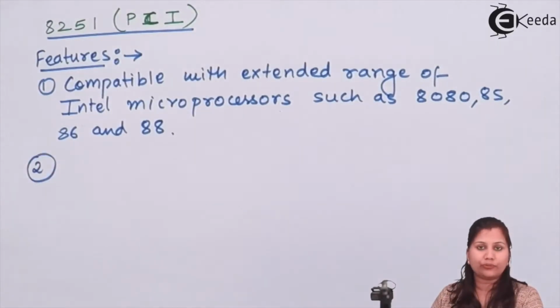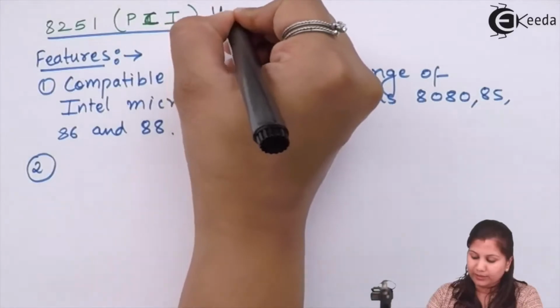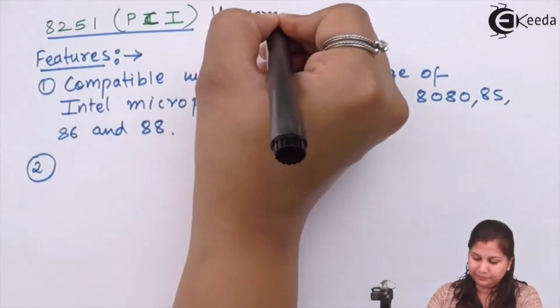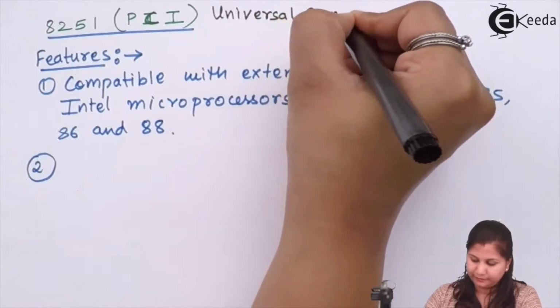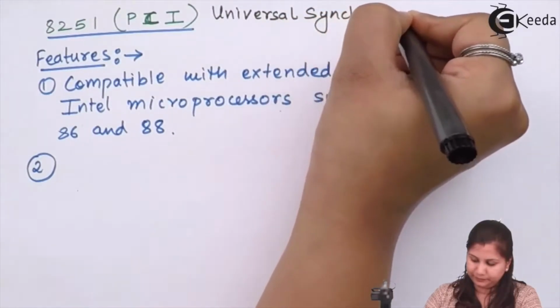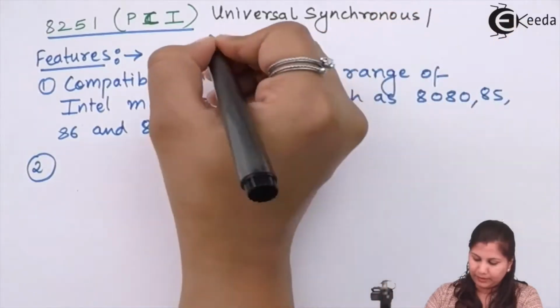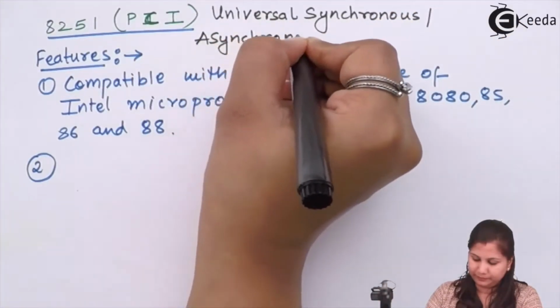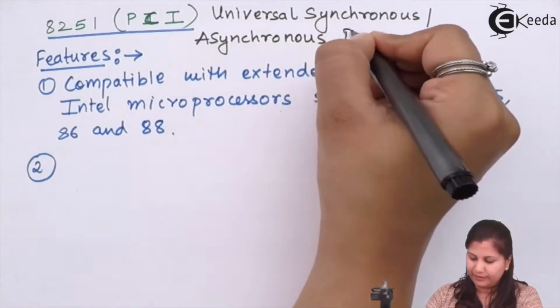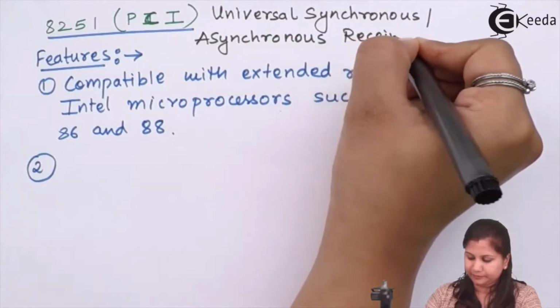Now this 8251, that is Programmable Communication Interface, is also known as Universal Synchronous Asynchronous Receiver Transmitter.